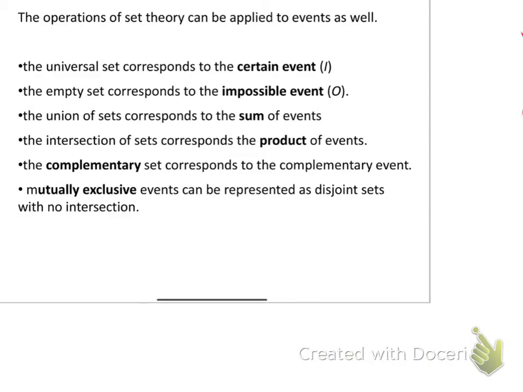Before starting with the probability, I would like to go through this slide, which we have in the Debrecen PDF file, which is linking between the sets and probability. So here it talks about the operation of set theory. The set theory can be applied to events. When we find the word events, it means probability.